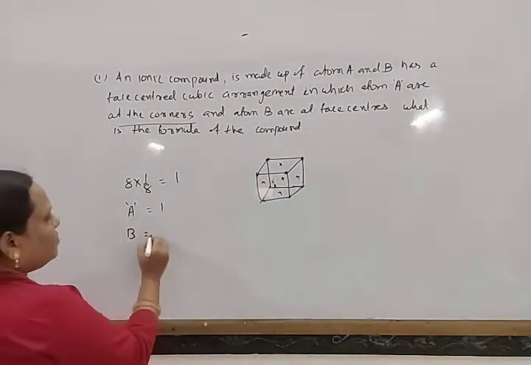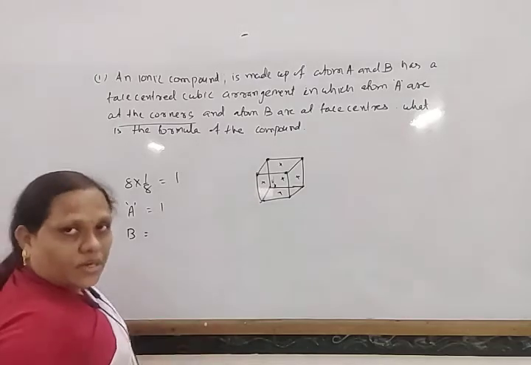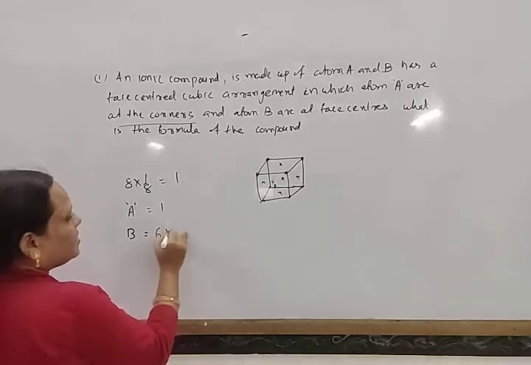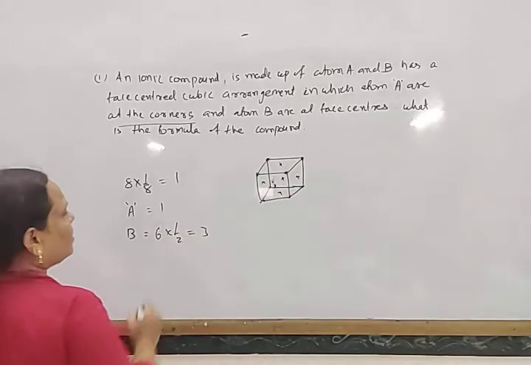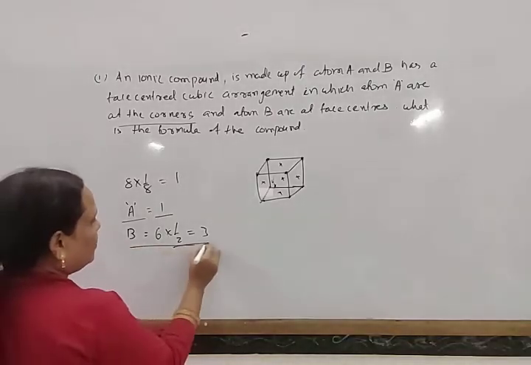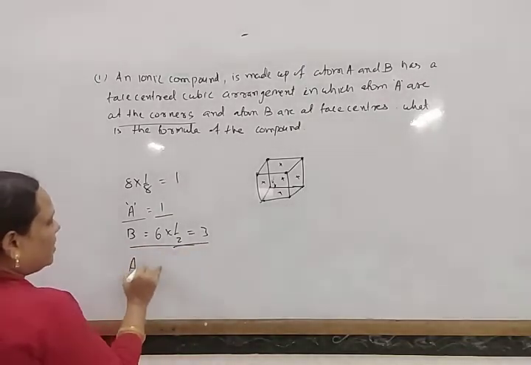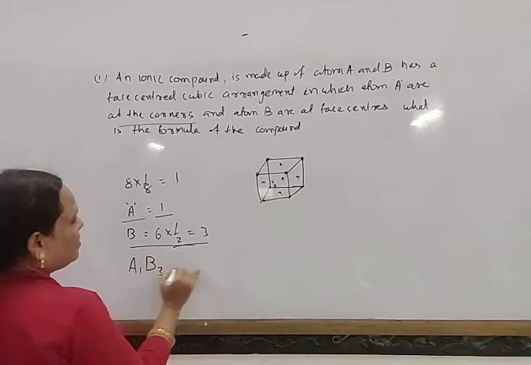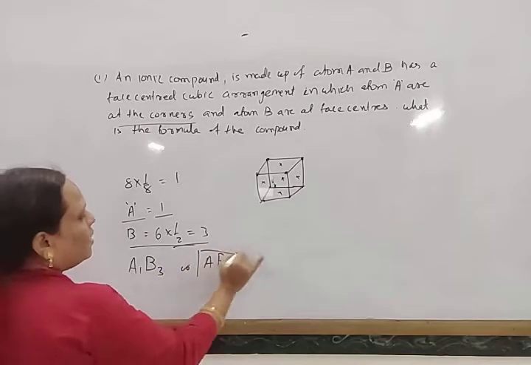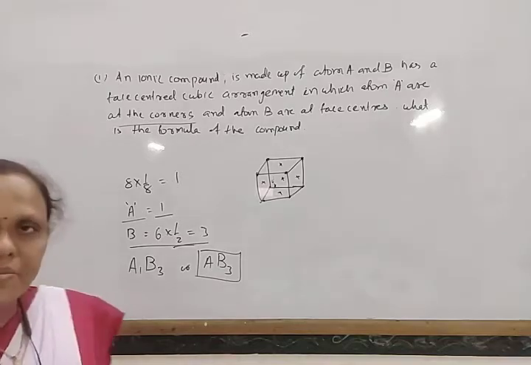In this way, the number of atoms B per unit cell is 6 into half, that is equal to 3. So the number of atom A is 1, the number of atom B is 3. In this way, the formula is A1B3 or AB3. So the formula of the compound is AB3.